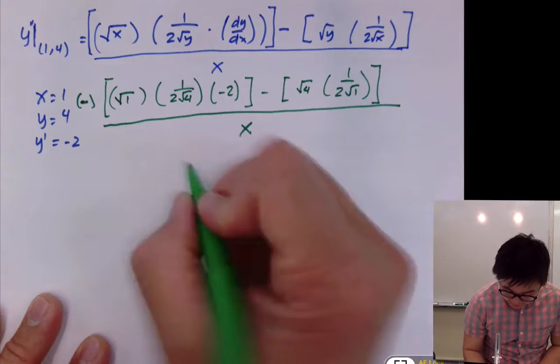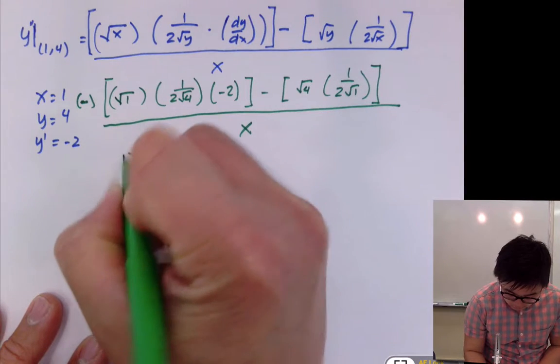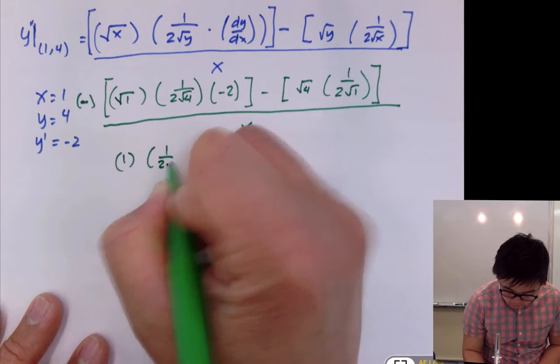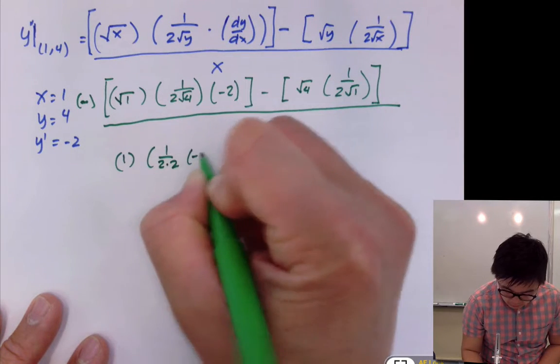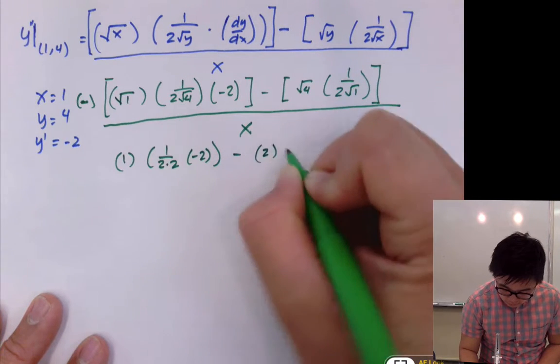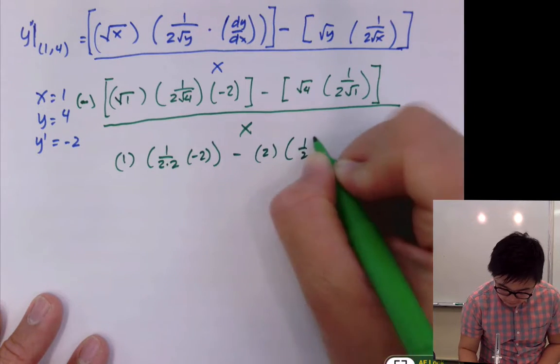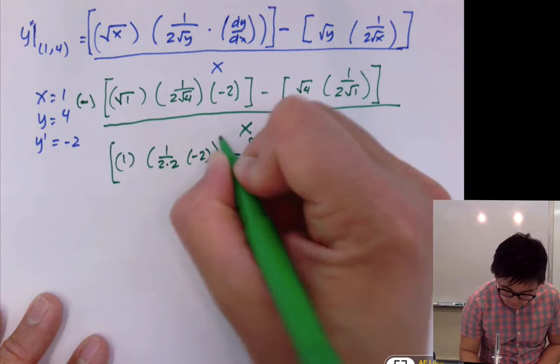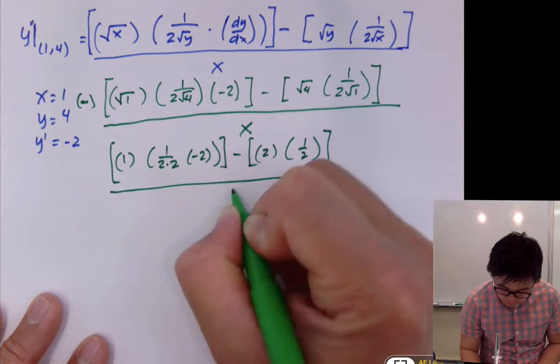So simplifying it, we'll have 1 times 1 all over 2 times 2, minus 2 times 1/2, all over 1.